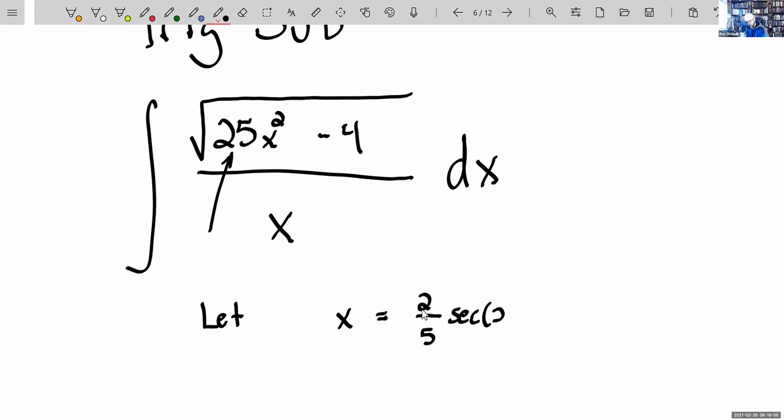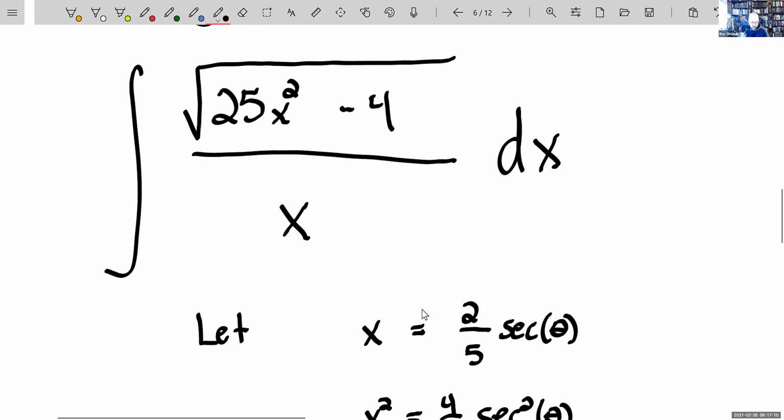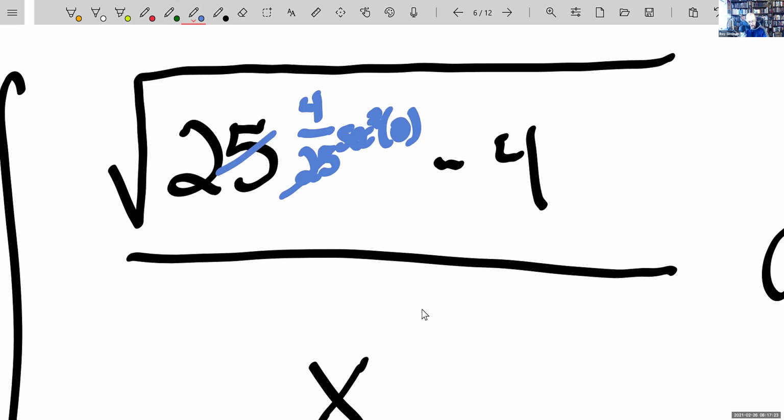Now, what's beautiful about this substitution is you can quickly check. x squared is 4/25 secant squared. Double check. If you let x squared equal 4/25 secant squared, just imagine with me, if this was a 4/25 and a secant squared, you see the 25s would cancel and you have 4 secant squared minus 4.